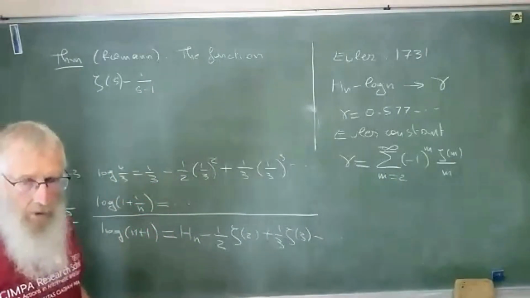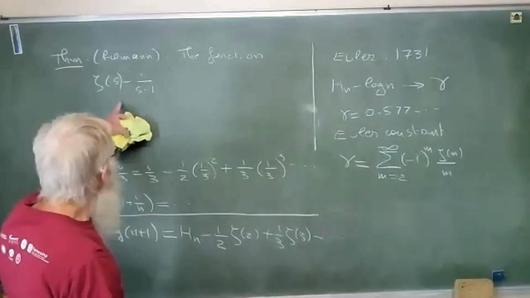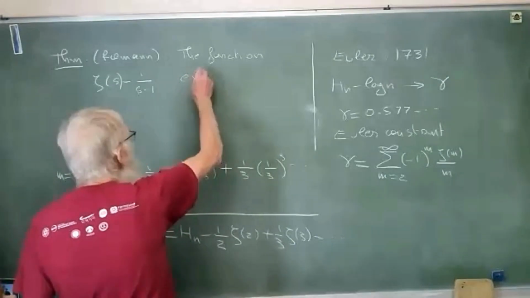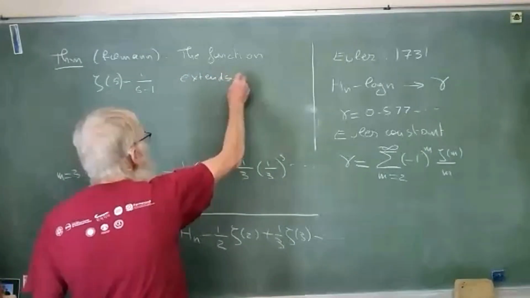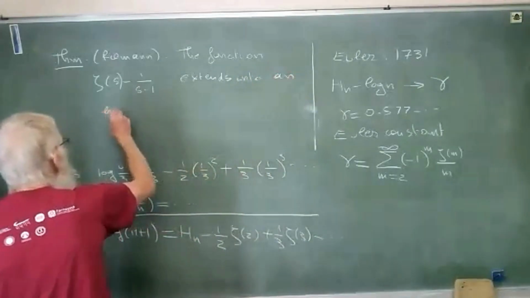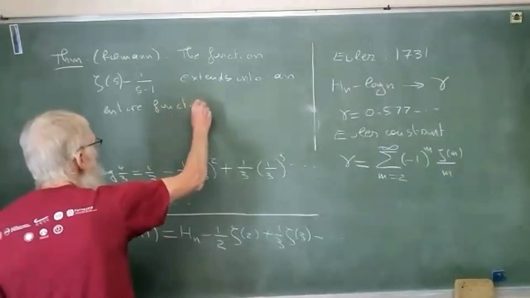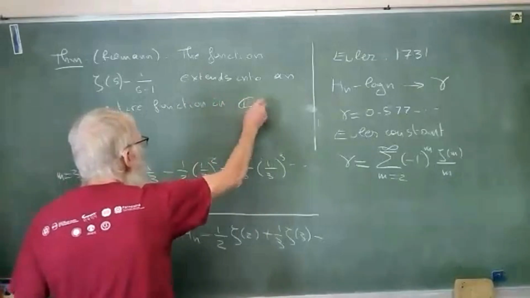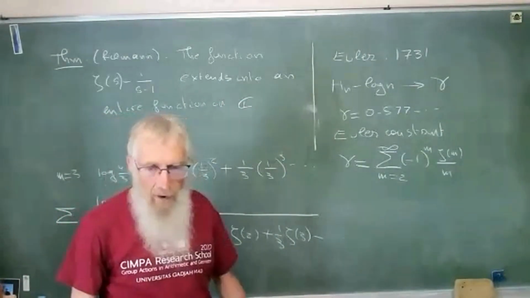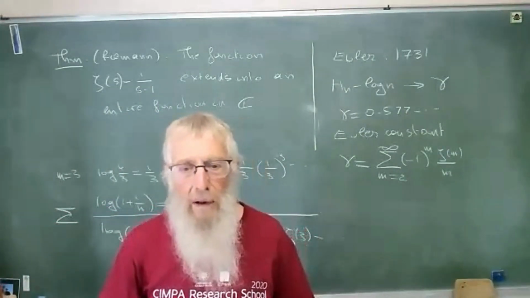So I remove what will be the pole of zeta of s. The function zeta of s minus 1 over s minus 1 extends into an entire function in C. This means that there is an entire function in C, a function which has no singularity, it's analytic everywhere.